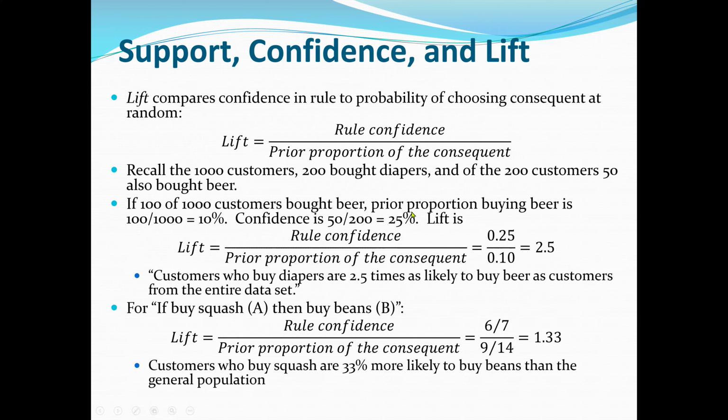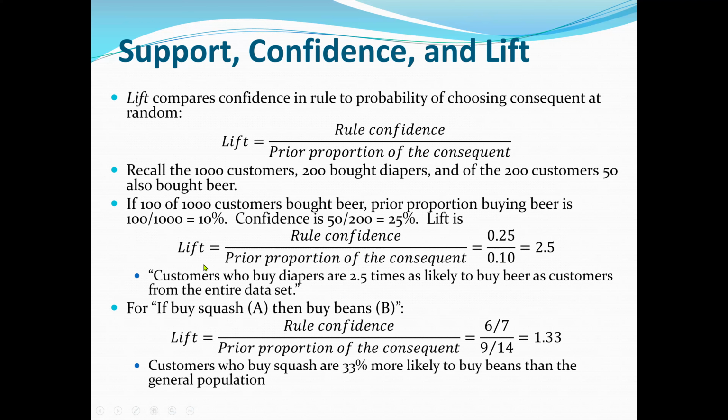The total customers who buy beer is 100, but out of the 100, 50 who buy beer also buy diapers. So A and B, diapers and beer, is 50, but only beer is 100. So the prior proportion of the consequent will be 0.10, which will give us 2.5.